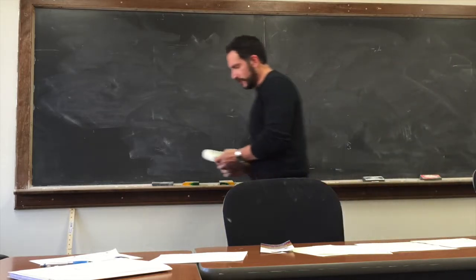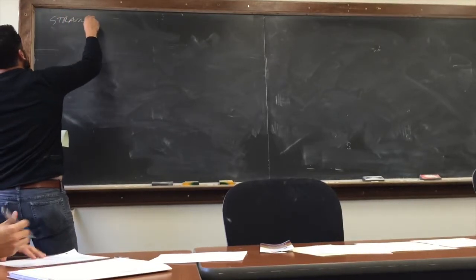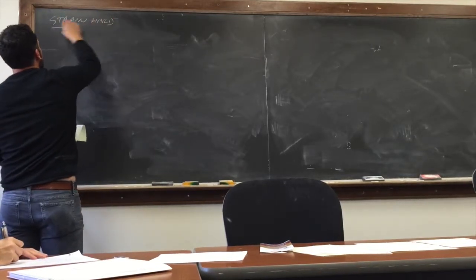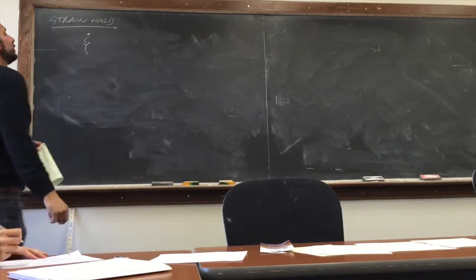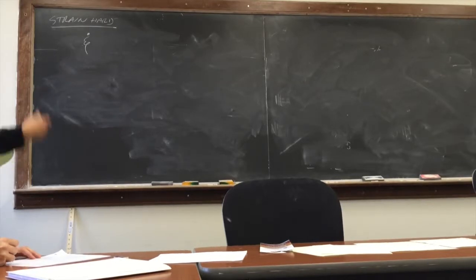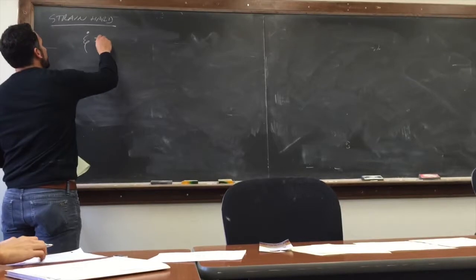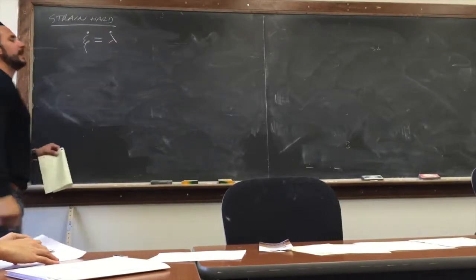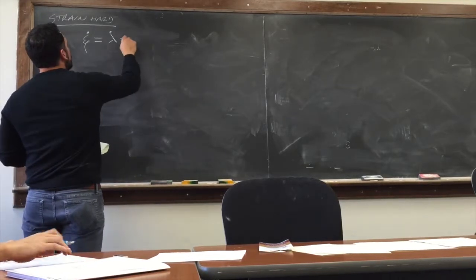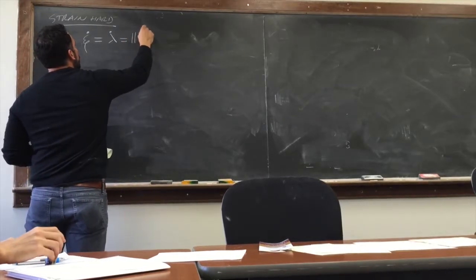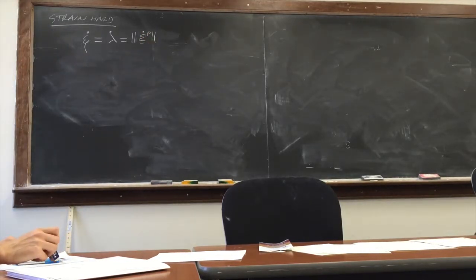So here's what strain hardening does. In strain hardening, you define some general plastic measure of strain, say C dot, that in this case, for instance, you could just make equal to lambda dot. And we know that lambda dot is always the norm of a plastic strain rate.